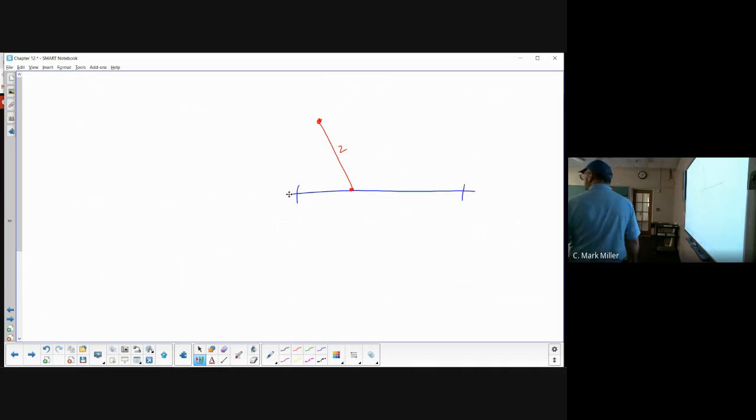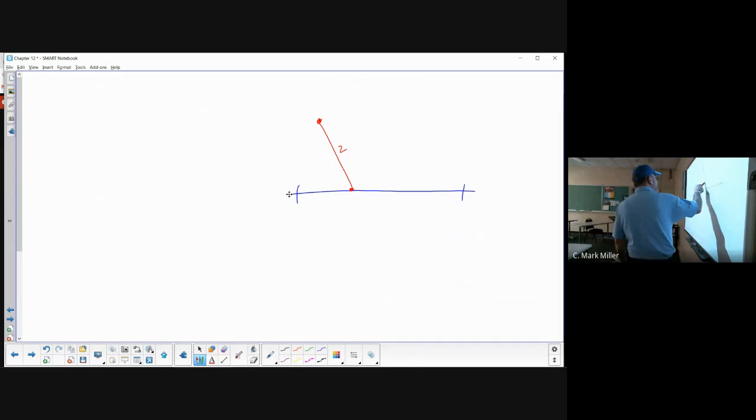And the only things they can adjust is the angle, this angle right here, theta. And they can adjust this point here, this way and this way.